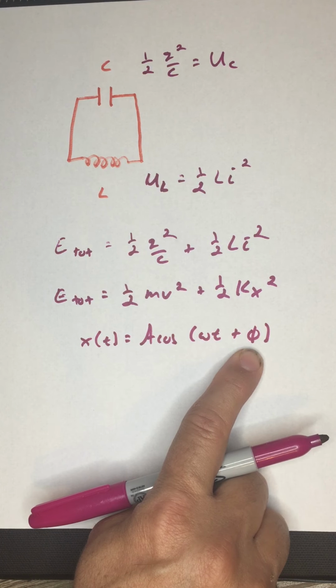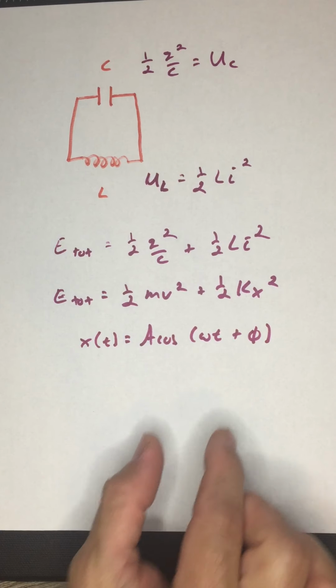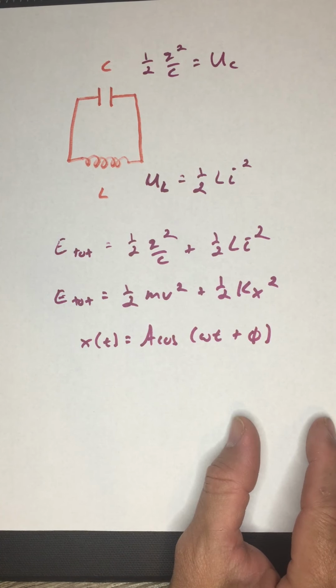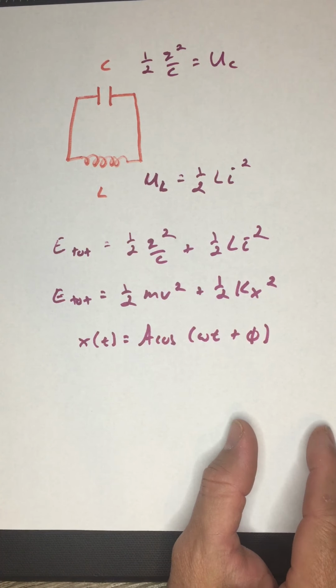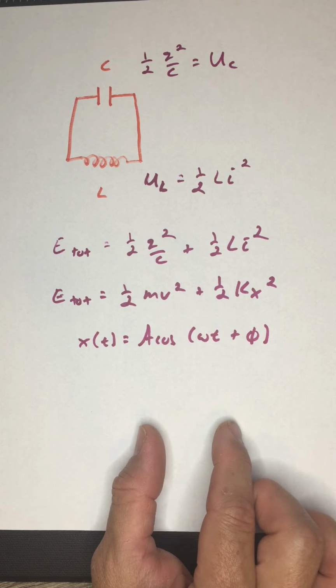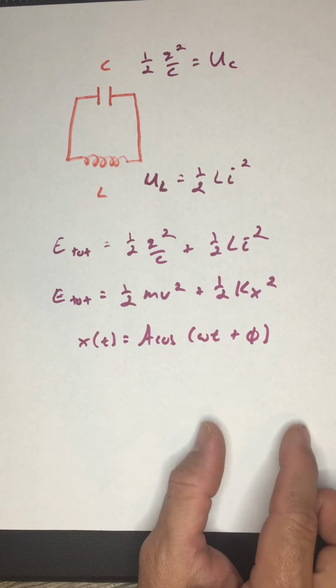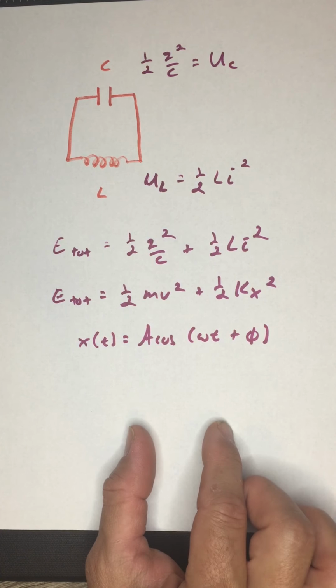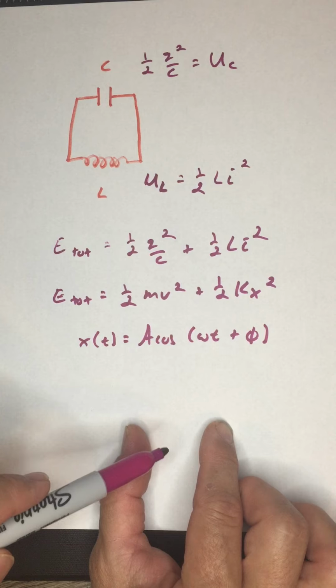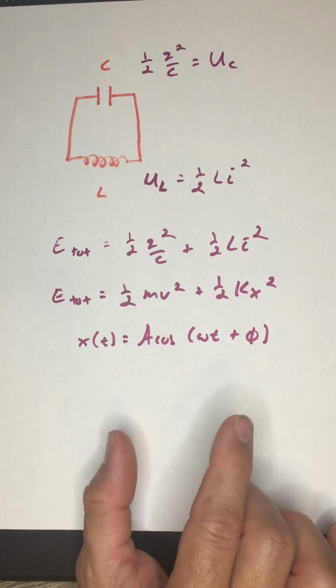This is just to make sure that we don't have to start at a certain point, right? So if I start looking at my system when I have it stretched to its maximum, the cosine is the obvious choice there. But if I let it go and then I start caring about the system as it comes back to its equilibrium point, even though it's going to move farther, right? But if I start caring about it here, then a sine function would be the better way to go, because I'm at equilibrium and the sine of 0 is 0.